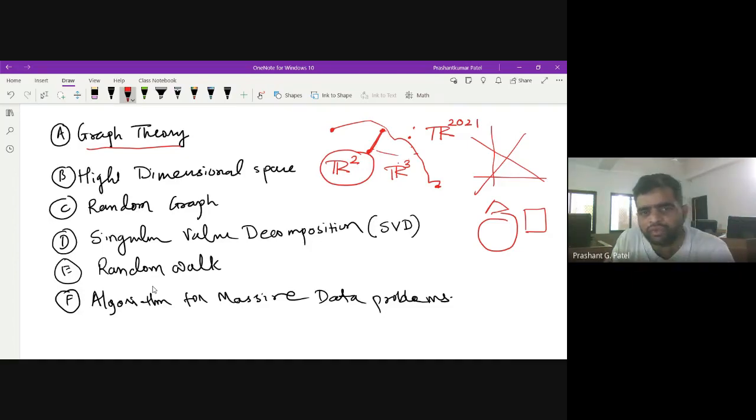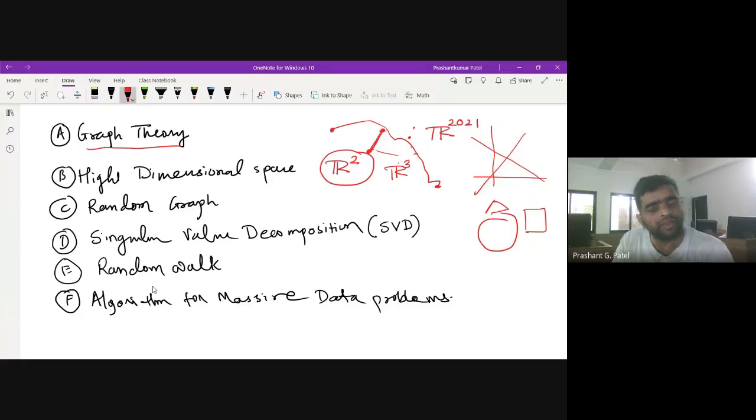As I gave you the example of Facebook as a graph, at the same time Facebook is an example of a random graph, because if I pick any two profiles on Facebook, then it is a random process whether the two profiles are connected via an edge.